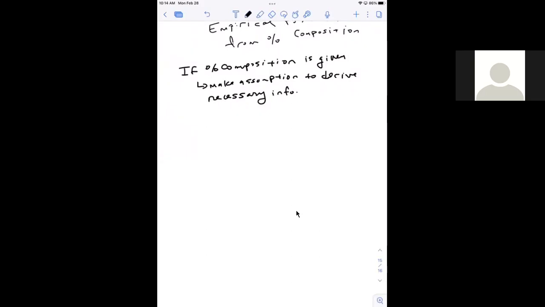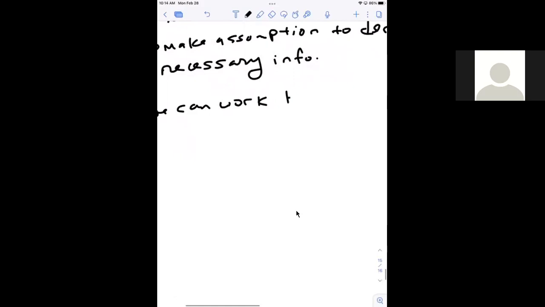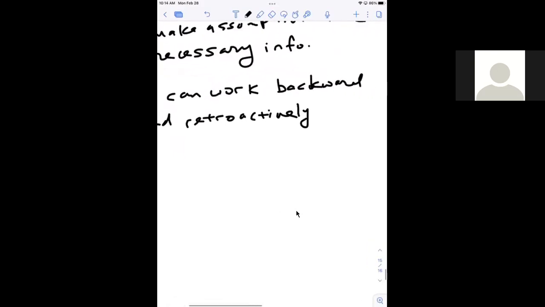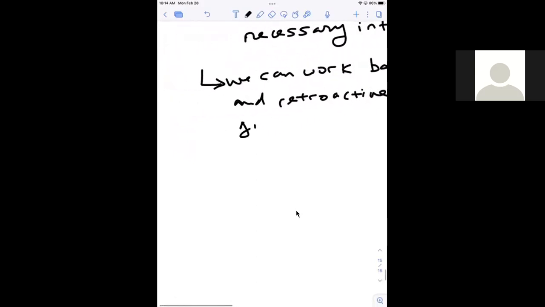So if we got percent composition, we can work backwards. And we can retroactively derive the mass by working backwards, right?